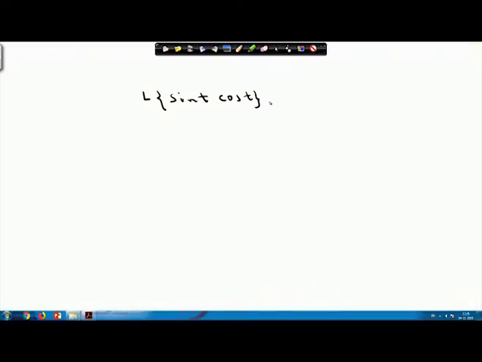Obviously, in terms of trigonometric functions, I can write it as the Laplace transform of half into sin 2t, which is again half into the Laplace transform of sin 2t.